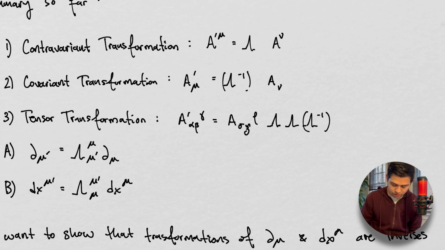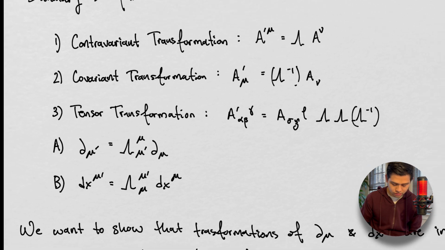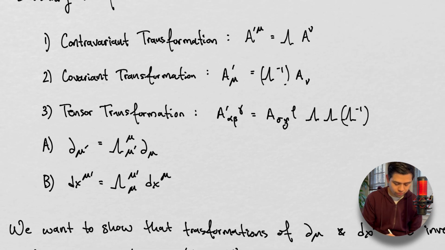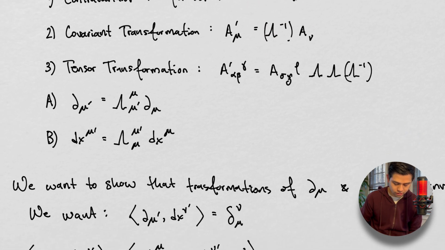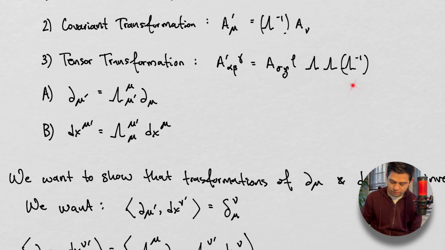So the covariant objects are going to transform in an inverse way when compared to the contravariant objects. Tensors transform in a unique way. This is just one example.